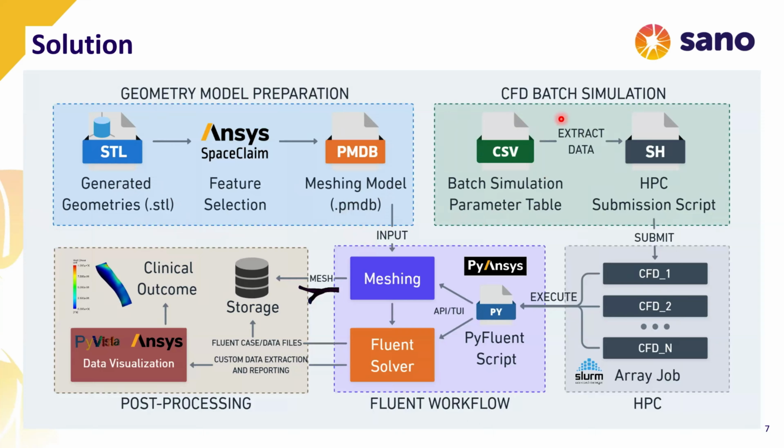And based on this input data, we are submitting an array job. Then it goes through the meshing and solver setup that is done by PyFluent, and mesh generation and simulation are executed with the ANSYS module on the ARES cluster. Once the simulations are completed, the results are collected and post-processed automatically.